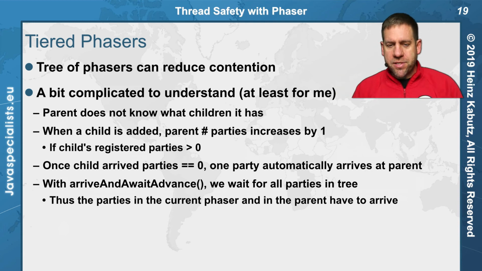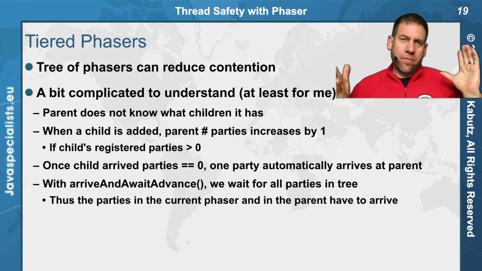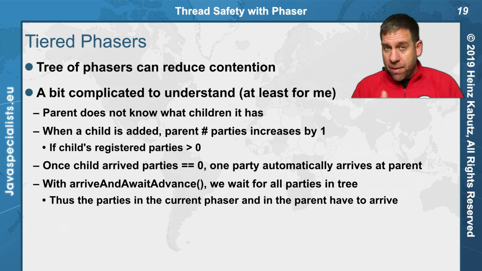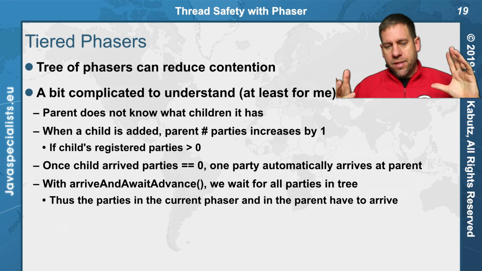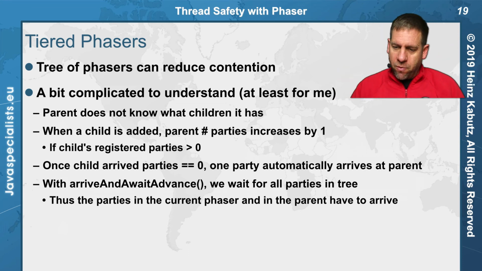So a parent doesn't know what the child has inside it. When you add a child, the parent's number of parties increases by 1, but only if the child's registered parties is also bigger than 0. If the child doesn't have any parties, then the parent's number does not increase by 1.